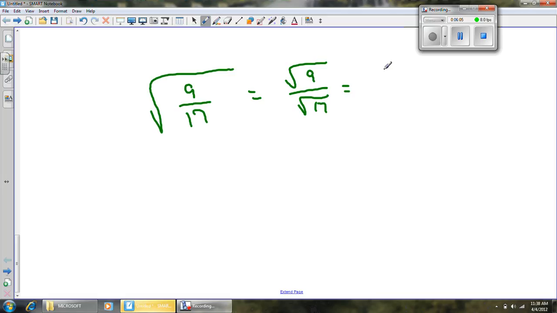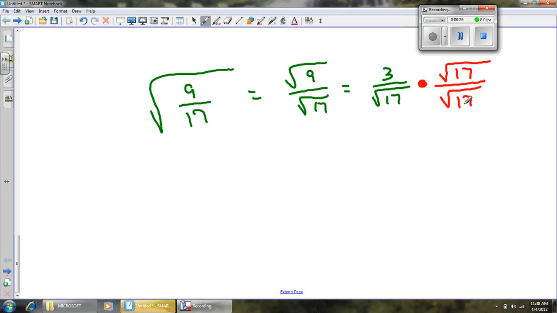And then I can say that's the same as 3 over rad 17, right? Because rad 9 equals 3. But here I have a rad in the denominator, and I never, never, never want a rad in the denominator. So I'm going to multiply by a very special form of 1.